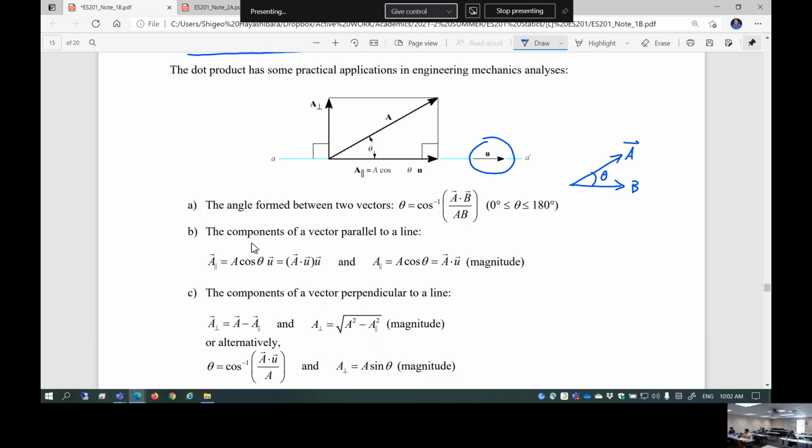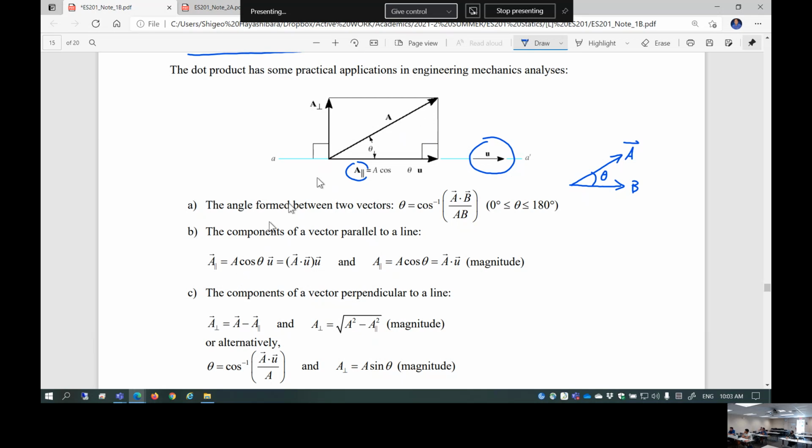Suppose you want the components of a vector A, one parallel to this line A prime, the other perpendicular to this line A prime. You want to know that kind of stuff. So first of all, the component of a vector parallel to a line is called A parallel. So this is a vector A parallel. You can find it.